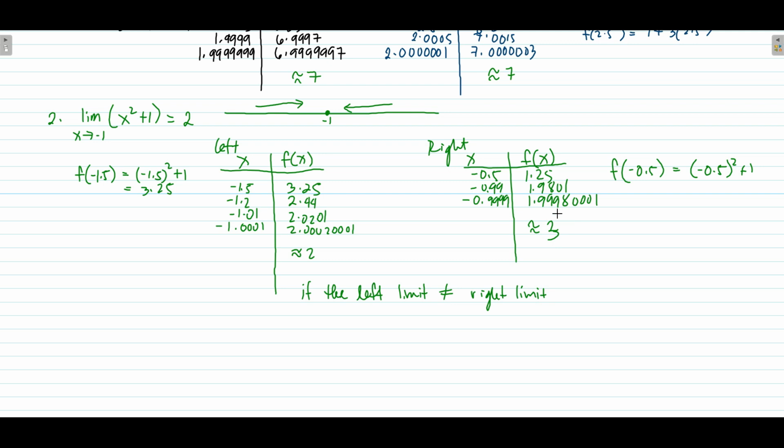Yung nakuha natin dito sa kanan, that's going to be the limit does not exist. Or, kung makikita nyo, ito yung magiging sagot natin.